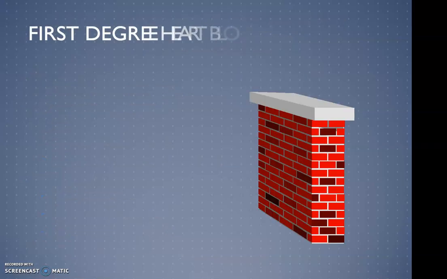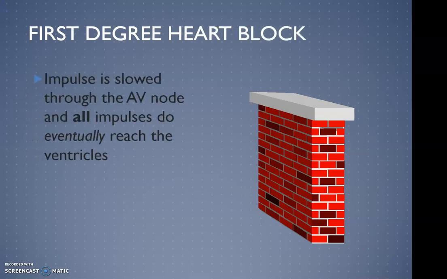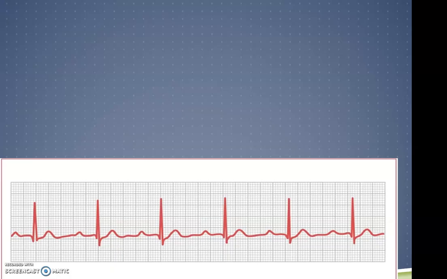So in first degree, the impulse is just slowed through the AV node. There's a delay. All impulses reach the ventricles. Our PR interval is greater than 0.20 seconds. Now, if you look at this strip and do your step-by-step analyzing, the heart rate is 60. It is a regular rhythm. There is a P wave for every QRS. So you're starting to think, oh, this could be sinus rhythm.